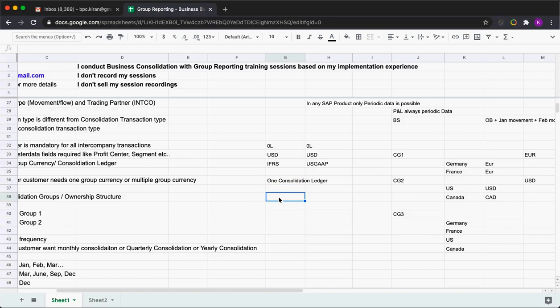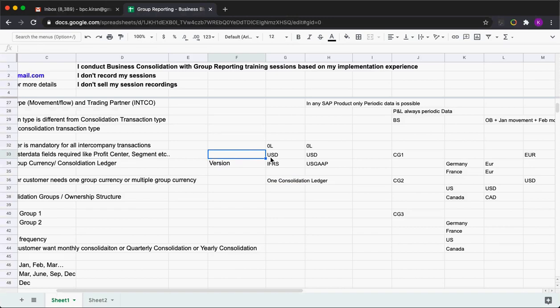Version is not required to differ. The version is the IFRS version only. So these two together we call a consolidation ledger: one consolidation ledger for USD, another for SGD.